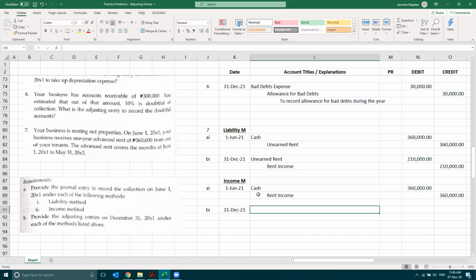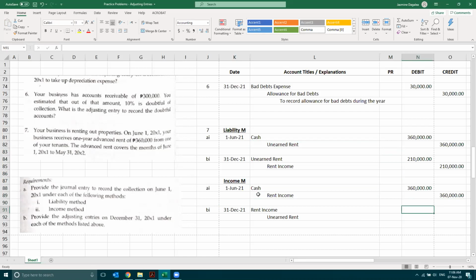And then, what will be your adjusting entry? By December, debit rent income, credit unearned rent. Magkano? 360,000 divided by 12 times 5. Yun na lang yung di nagamit. Correct.